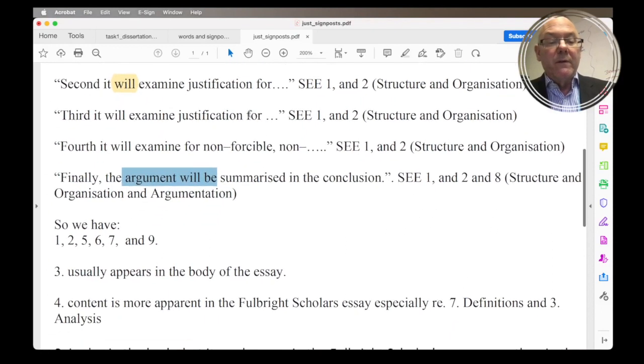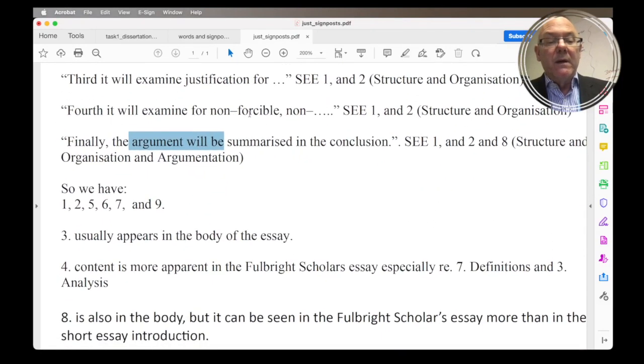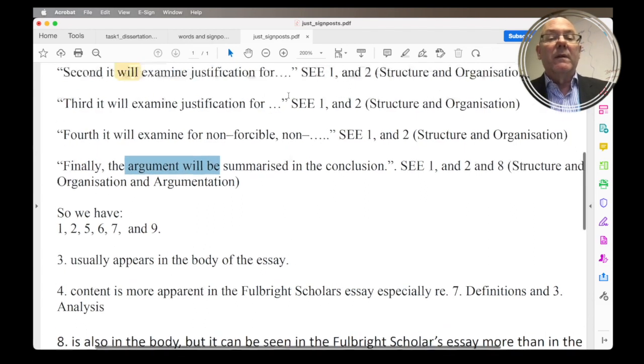So we found 1, 2, 5, 6, 7 and 9. 3 usually is in the body. 4 is apparent in the Fulbright essay alongside definitions and analysis, and 8 also appears in the body as well. So you get the general idea.